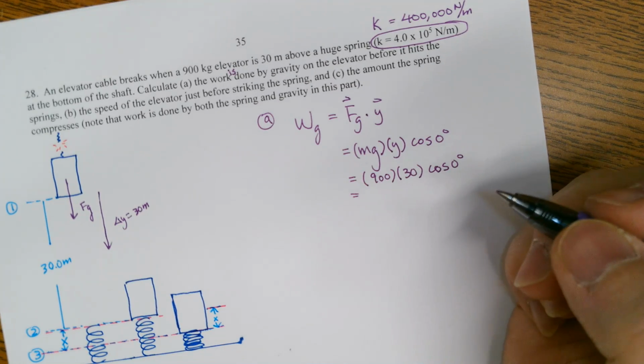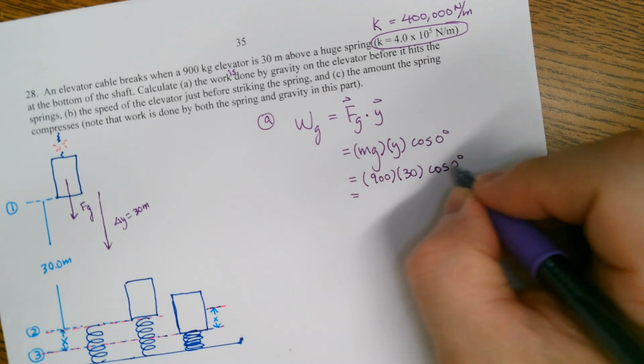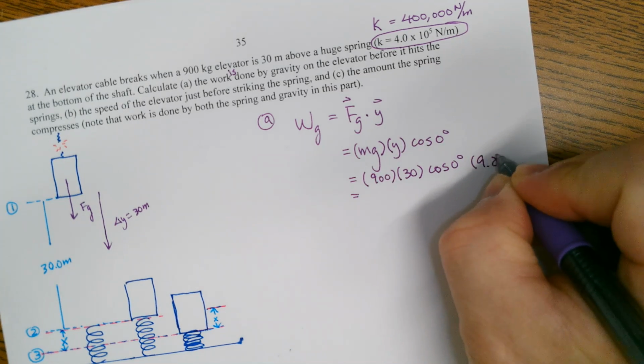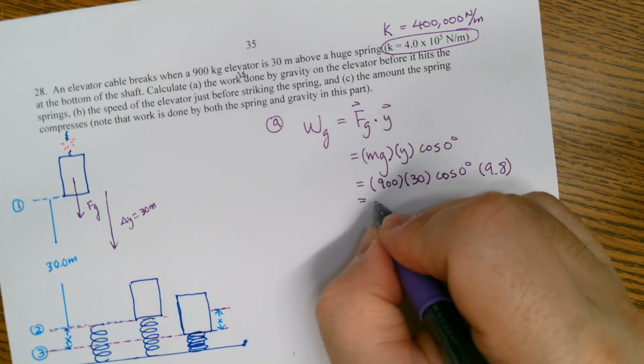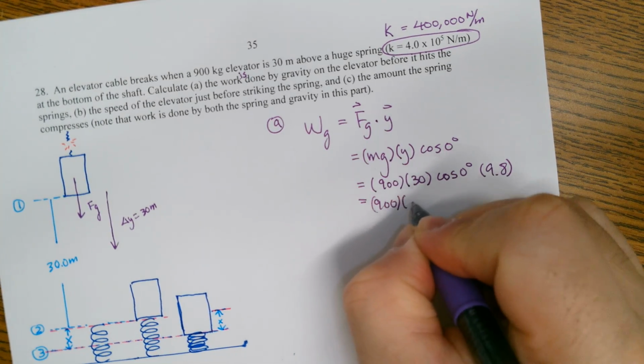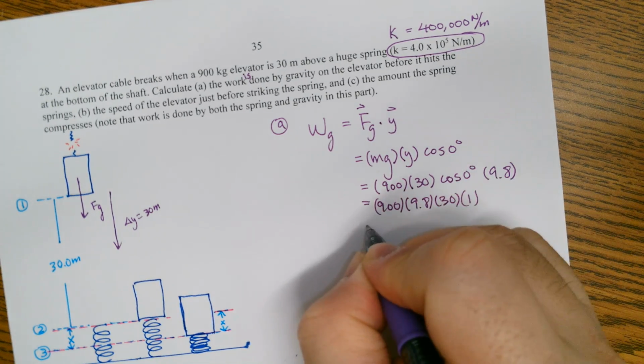So what is that equal to? I forgot 9.8, sorry. So what is that equal to? That is 900 times 9.8 times 30 times 1.